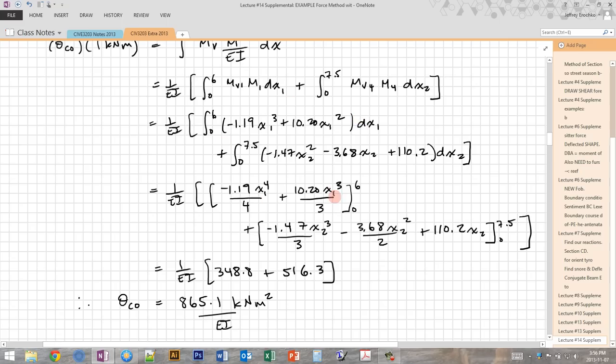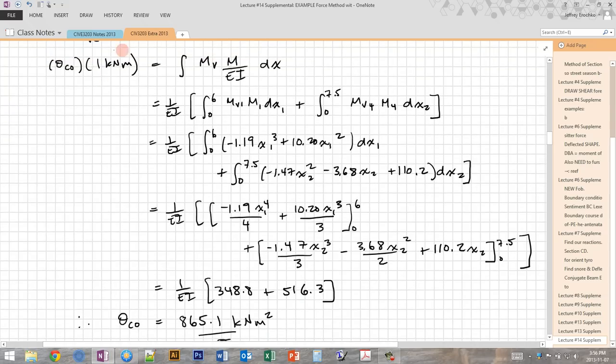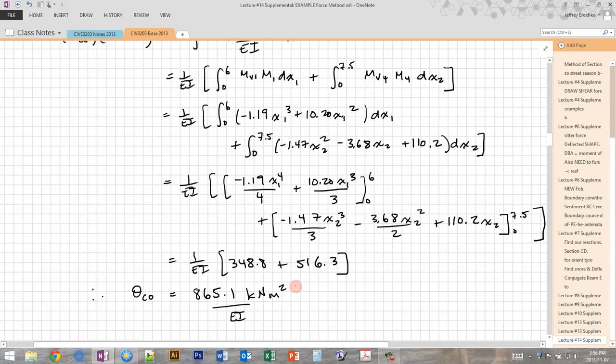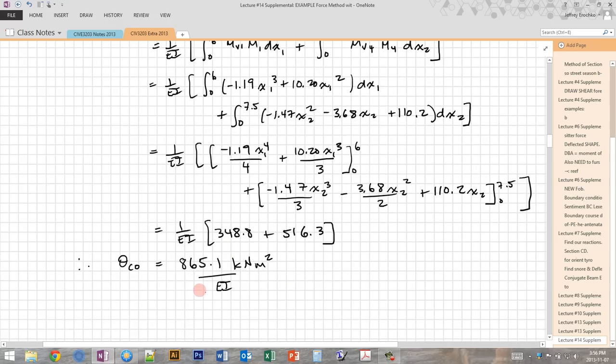So if you carry out that integration, you get these expressions, which are evaluated at 0 and 6, and this expression for 0 and 7.5, and we work that out and we get these numbers, and then we divide all of that by our unit moment, 1 kilonewton meter, and then we get 865.1 kilonewton meters squared divided by EI, and the units of EI are built into EI.